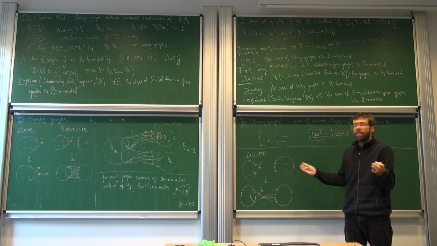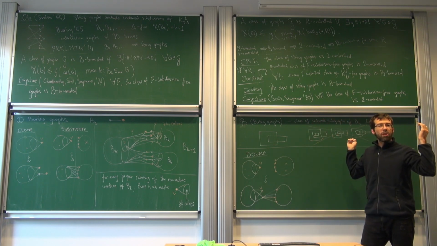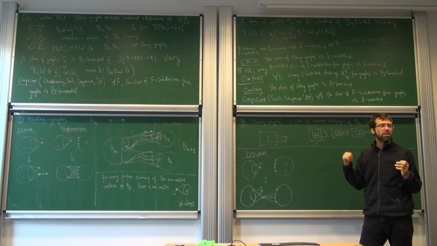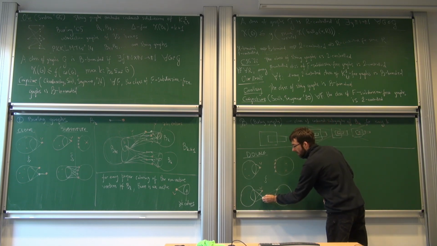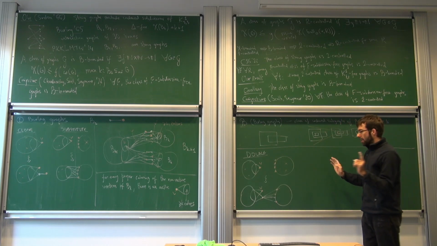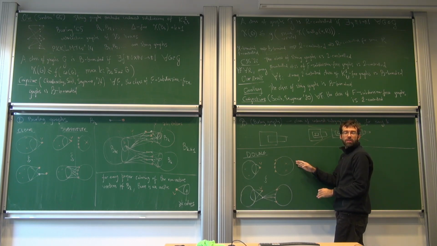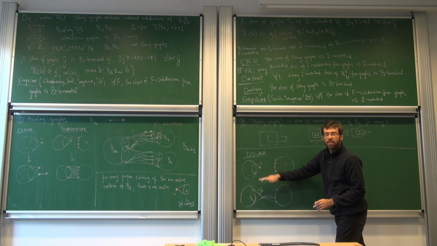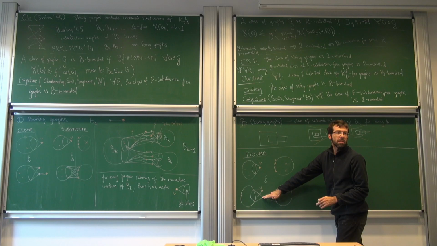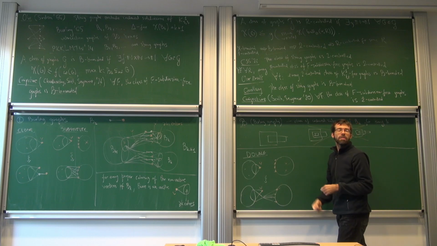Yes, but notice that when we do one iteration, then this is a cut vertex. But now consider what happens if this whole graph appears as the right one in the next step of the construction. We get a connection to both these active vertices and to those active vertices, so that will no longer be a cut vertex. So in one step we create cut vertices, but they are no longer cut vertices in further iterations.